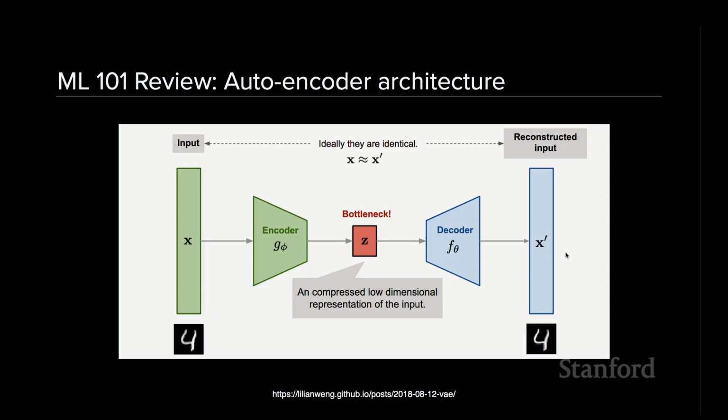What you are trying to do is force your network to learn an encoder and decoder pair, these parameters phi and theta, such that from whatever this low dimensional bottleneck is, which is typically called the latent variables, you are able to recover an image, or X dash, which looks very similar to the original input. This is exactly what we want in compression.